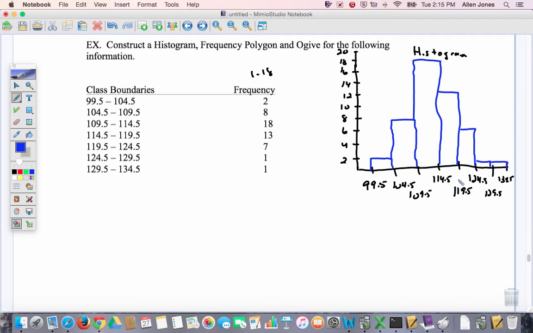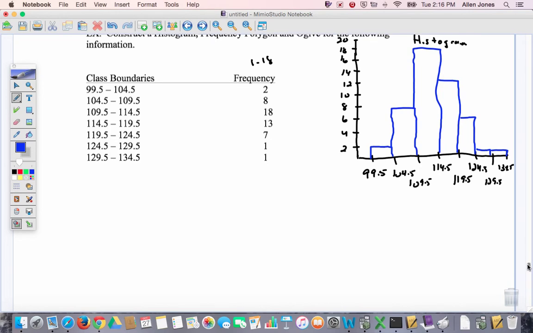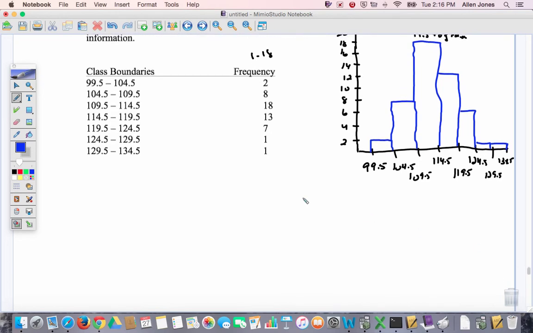So there's a quick sketch of a histogram. Again, pointing out that we have a bar graph. We use our boundaries down here. Hopefully those are legible. Those are the boundaries right off of here. And then choosing our scale, once again, is an important factor in our histogram.